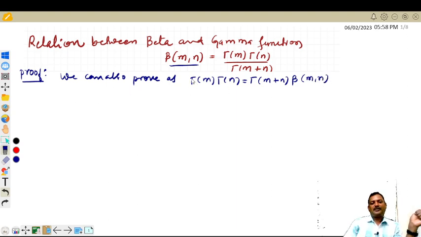So for that we require gamma of m and gamma of n, gamma of m plus n and beta of m comma n. We are going to take the second form of beta and gamma function.